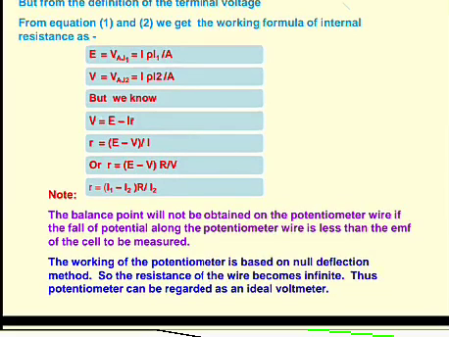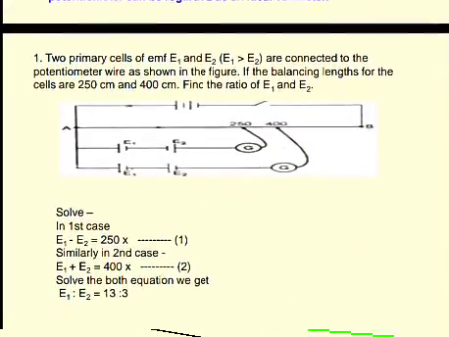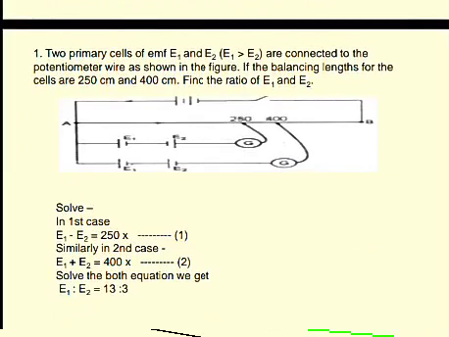Again, to perform this experiment, the following things should be kept in your mind. The balance point will not be obtained on the potentiometer wire if the fall of potential along the potentiometer wire is less than the EMF of the cell to be measured.